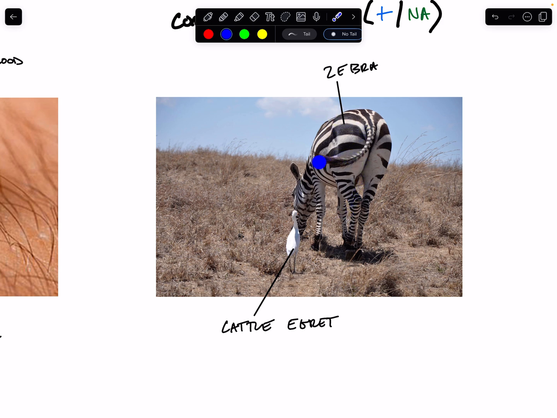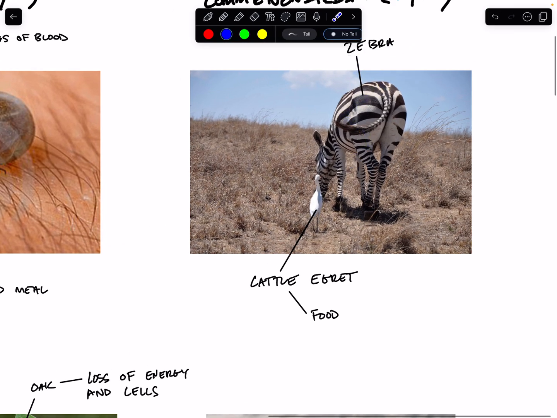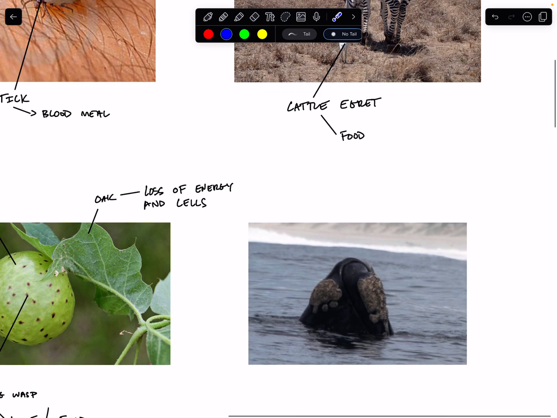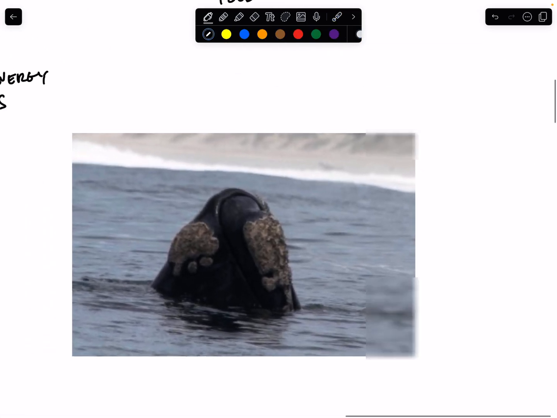And in its process of living its life and scaring up these little insects unintentionally, the cattle egret is following it around and eating the insects that are roused from the grasses. So the cattle egret is getting food out of this relationship, and the zebra is unaffected by the presence of the cattle egret.